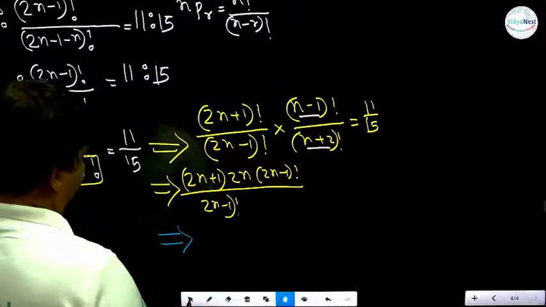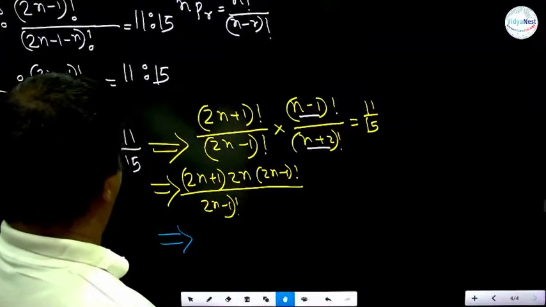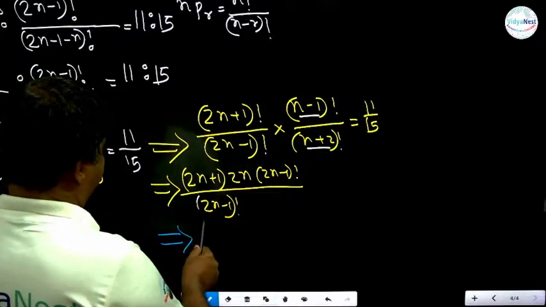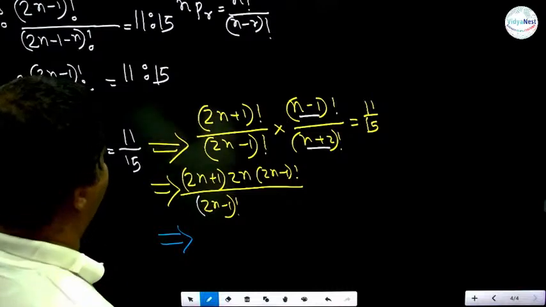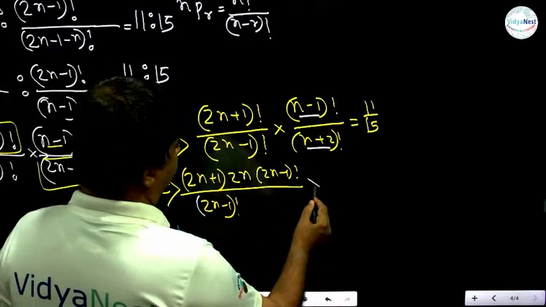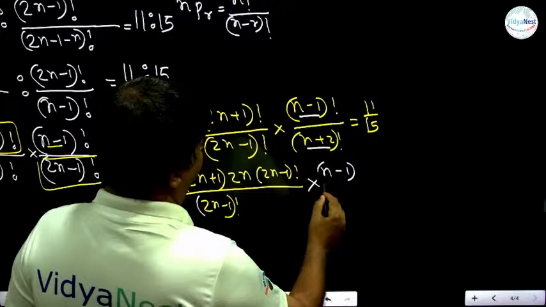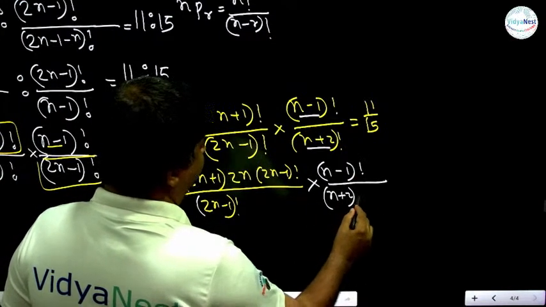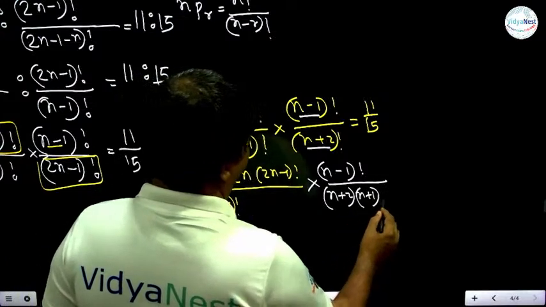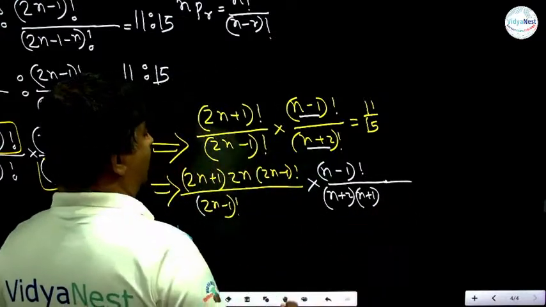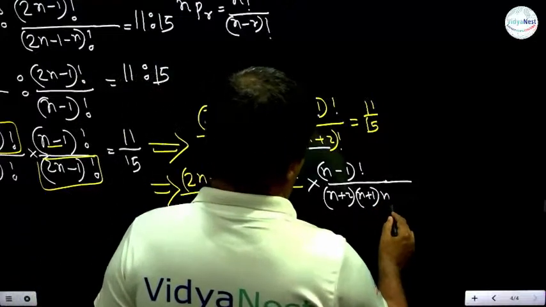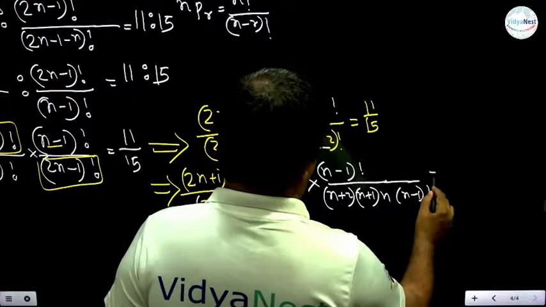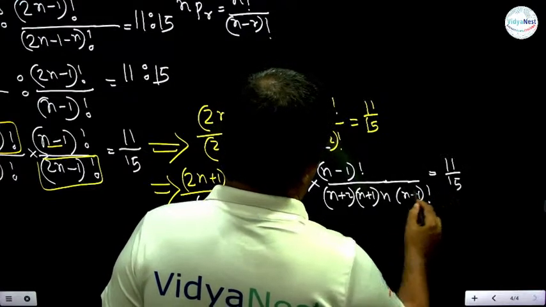See, 2n minus 1 factorial, and here n minus 1 factorial. I missed out n plus 1, n minus 1 factorial. That I missed out.